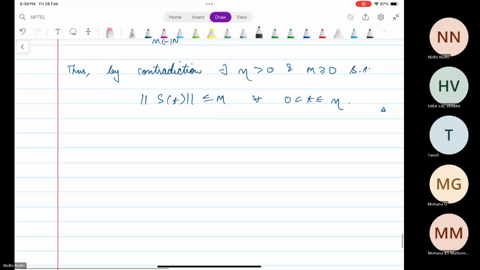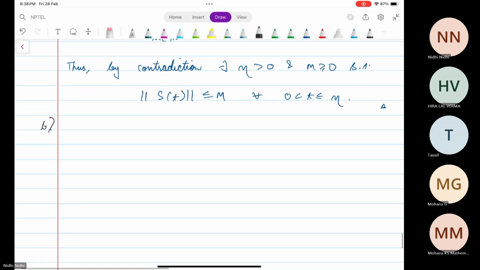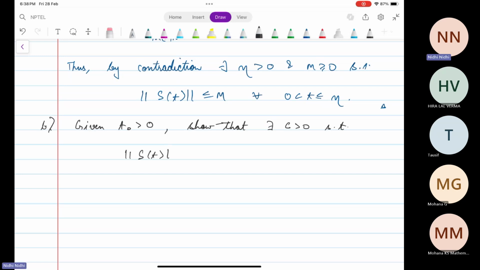Part B is that, given T naught positive, show that there exists some C positive such that norm St is less than or equal to C for every 0 ≤ t ≤ T naught.